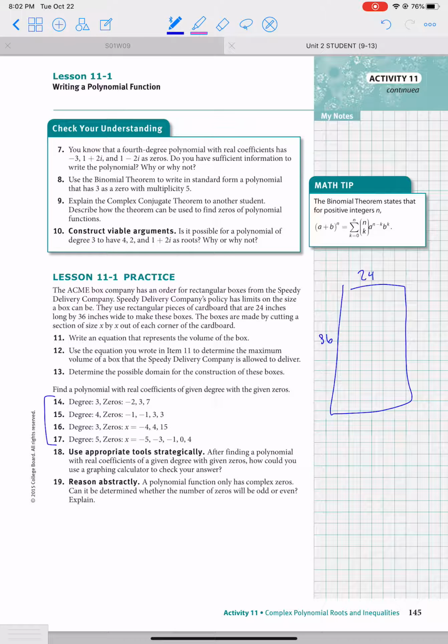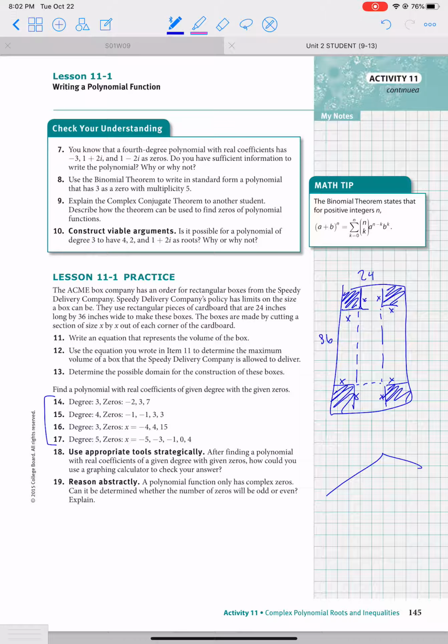To make these boxes, the boxes are made by cutting a section out of each corner that is x by x. So what that means is those corners are cut out and it's kind of left us with this weird shape that then folds into a box.